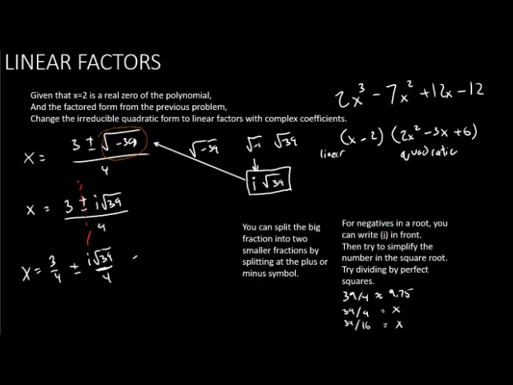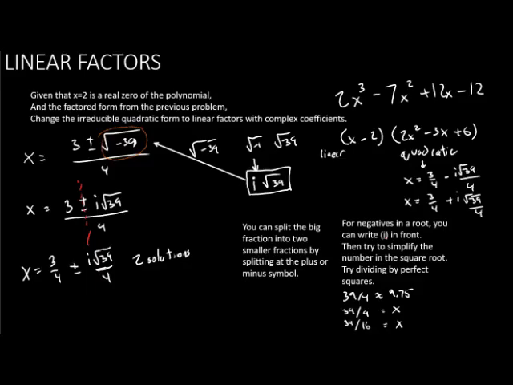However, this is actually 2 solutions. To write our solutions for the quadratic, we'll say our first solution is x equals 3/4 minus i root 39 over 4. Our second solution will be 3/4 plus i root 39 over 4.